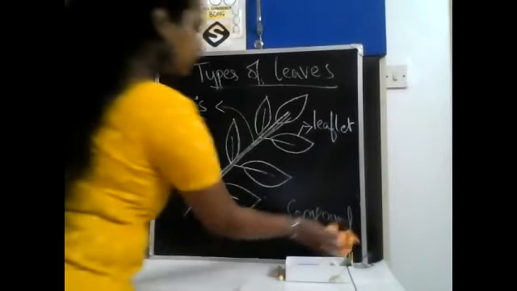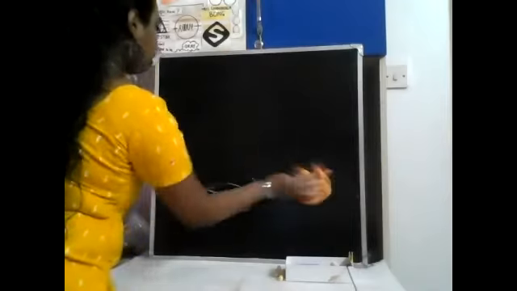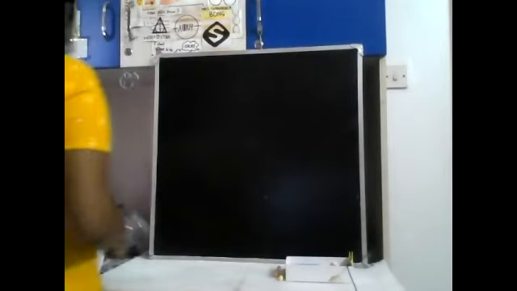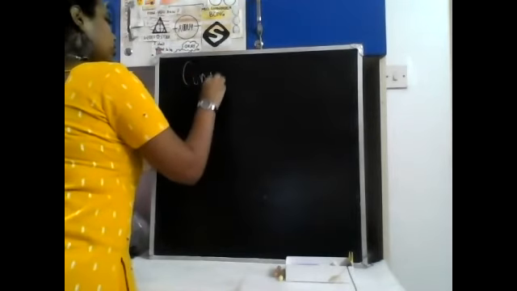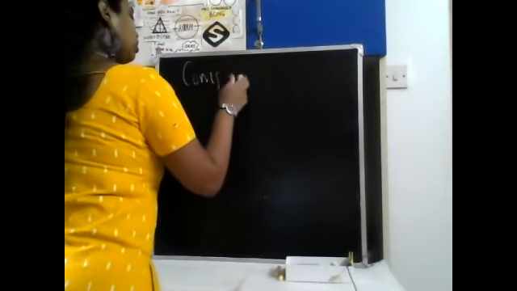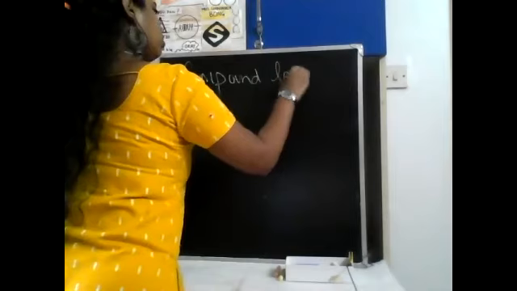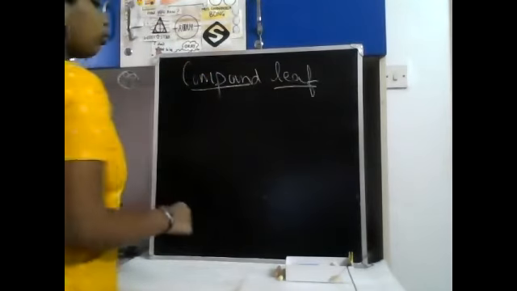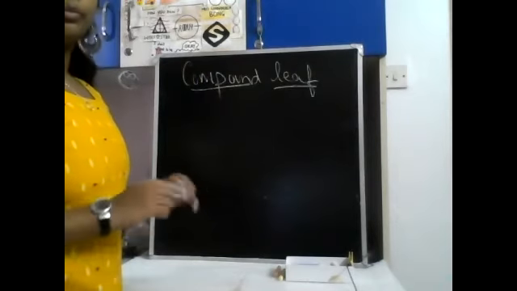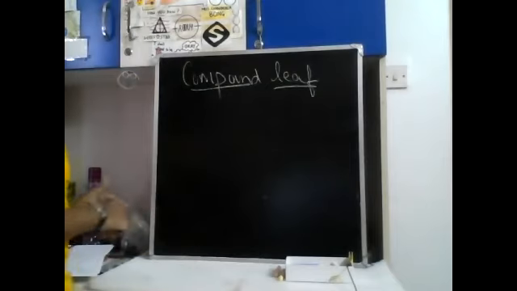Now we look at subdivisions and types of compound leaves. Okay, so in compound leaves, I told you that the lamina will break and it will individually surround the veins.